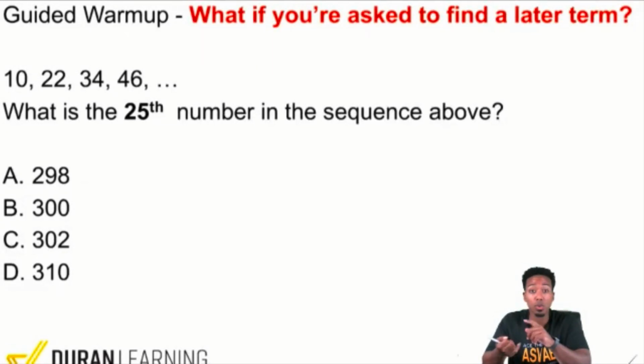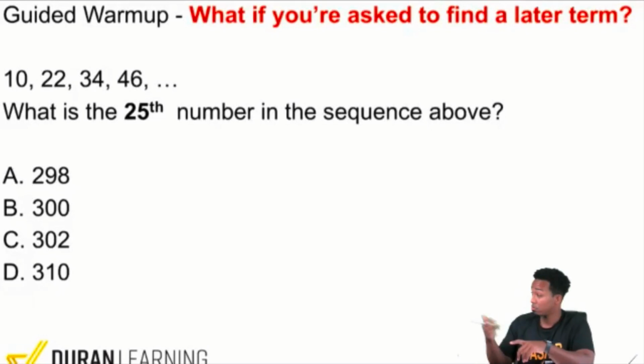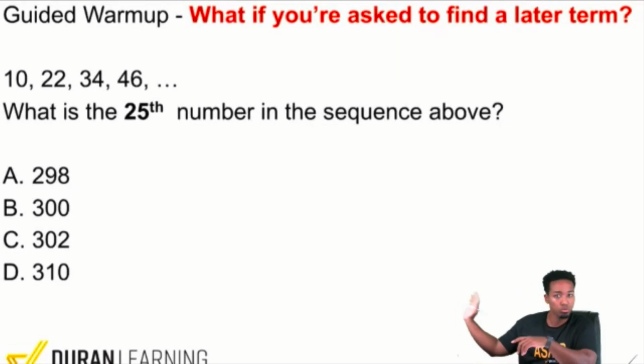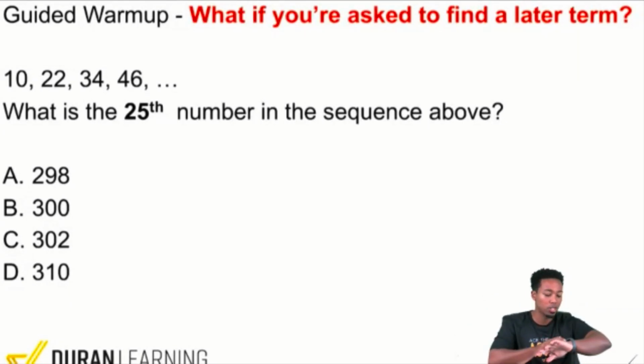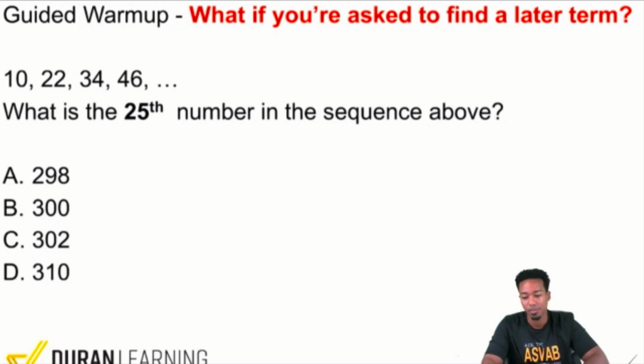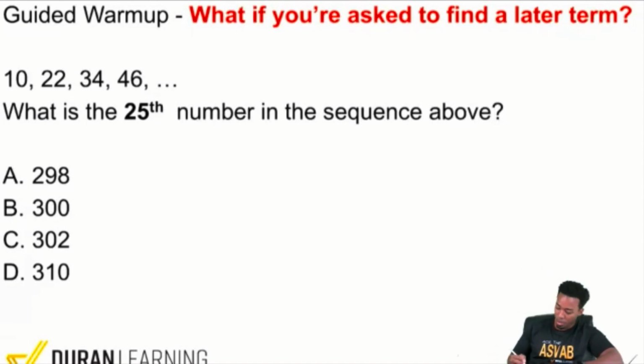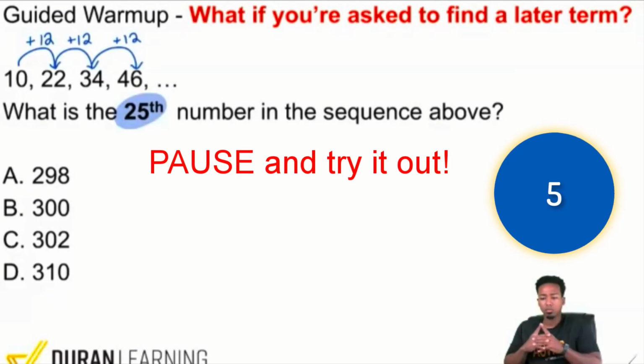If you think that doing it by hand is going to get you there, hey, 25 isn't that big of a number. Do it. If you think it'll work, do it. All right. Any way you want to solve this, I'm going to give you actually 2 minutes here. Type ready when you're ready, okay? I'll start you off by giving you the hint in terms of what you're adding every time.